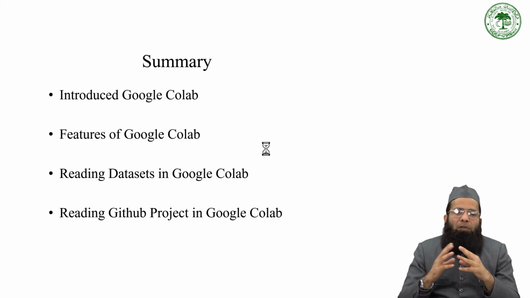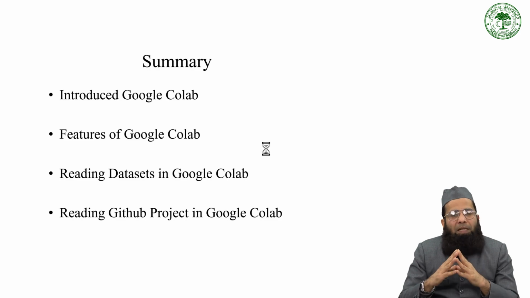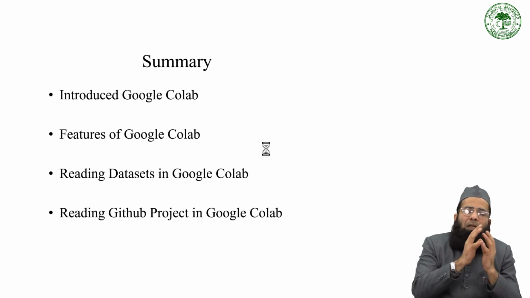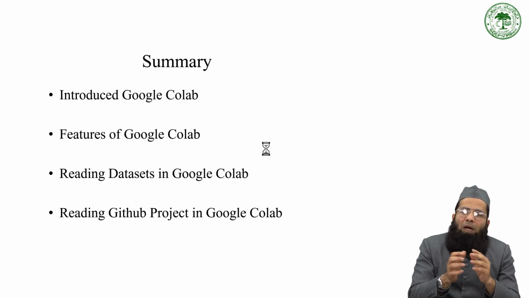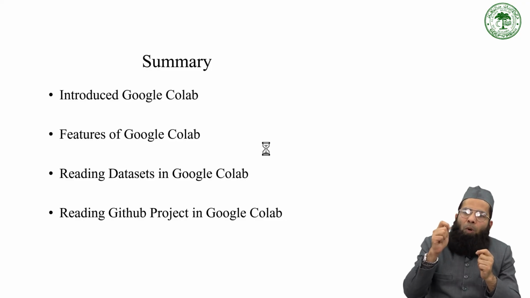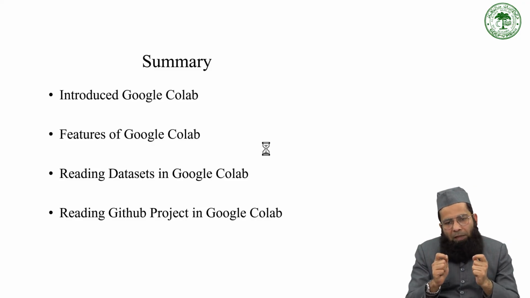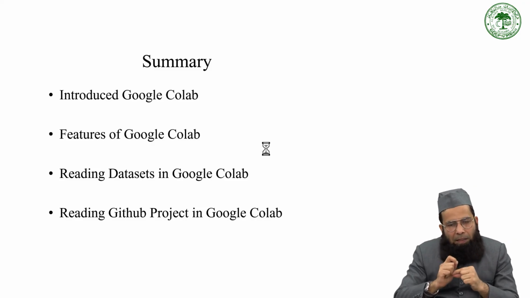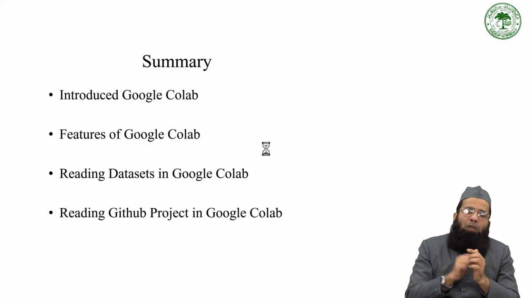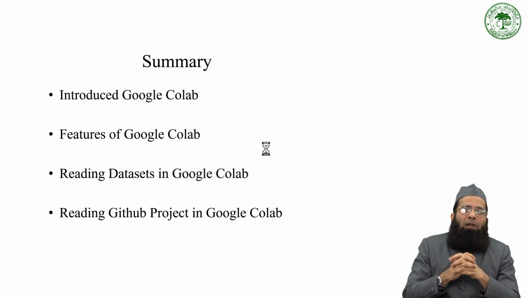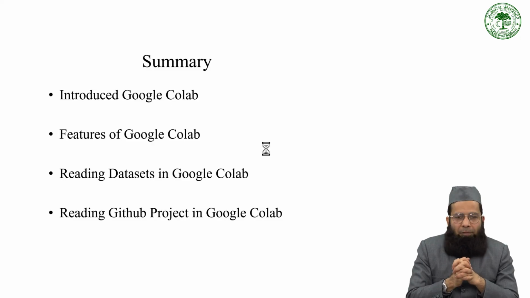The third option was to upload the data set on Google Drive and directly interact with Google Colab. What you need to do here is first mount your drive. Once you have mounted your drive, then you can directly read or write to the data set or any file that is available on Google Drive.